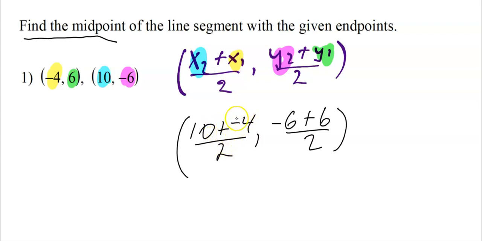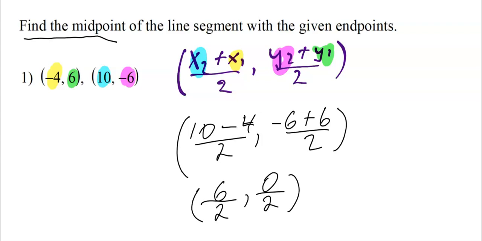10 plus -4. When no one says plus a negative, we just say -4. So 10 minus 4 is 6. Going to divide that by 2. -6 plus 6, that's going to be a 0, divided by 2.